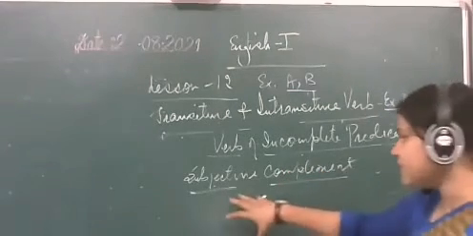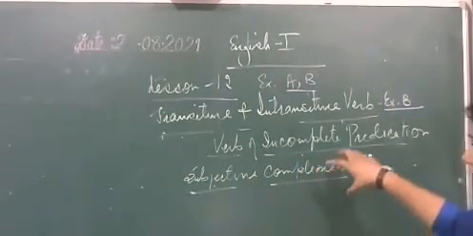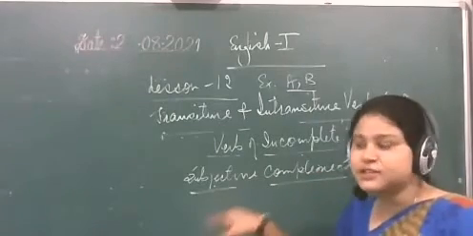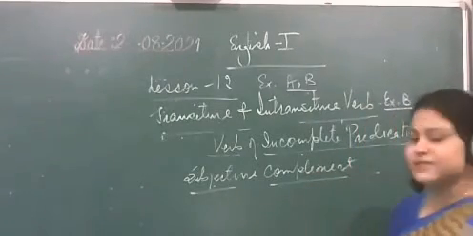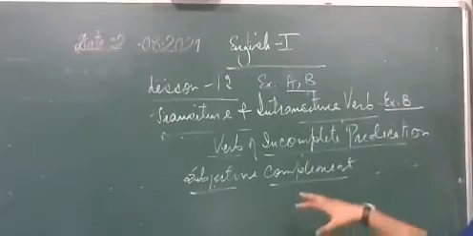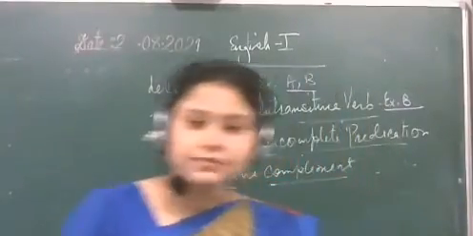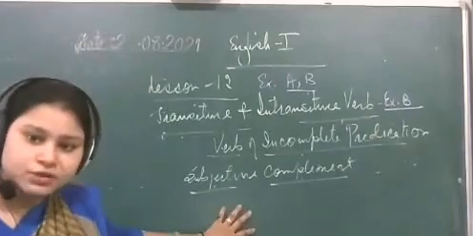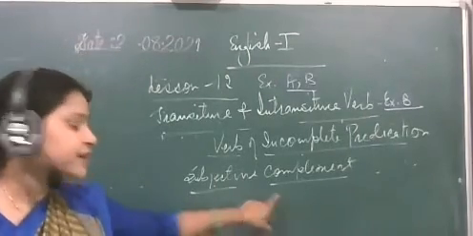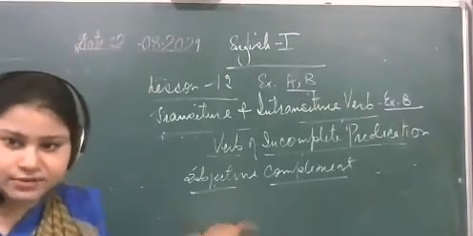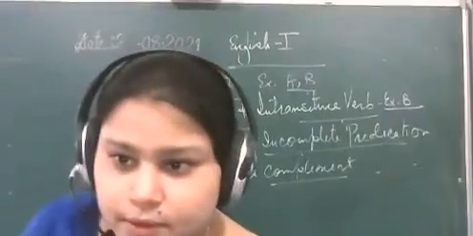So here we are going to have a complement, a complement which is related to our subject. It means whatever sentence is given, here you can have a complement. What is a complement? That is something more about your subject. So a complement which is telling something more about your subject is known as a subjective complement.